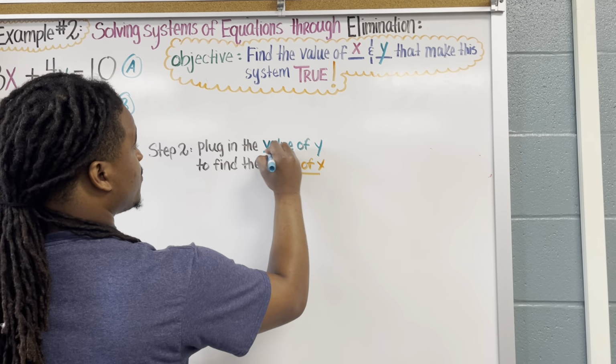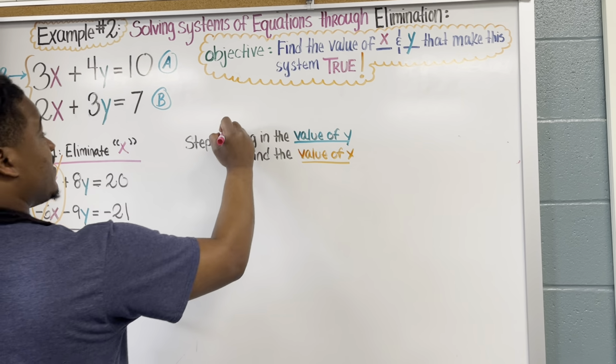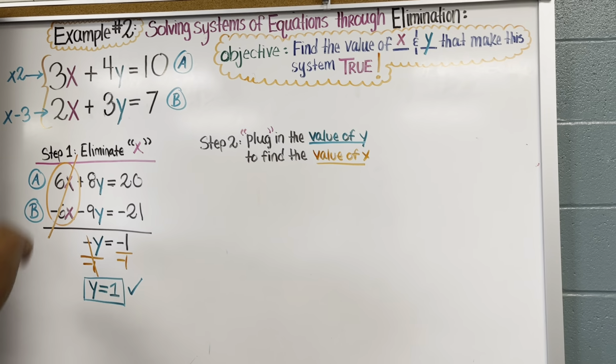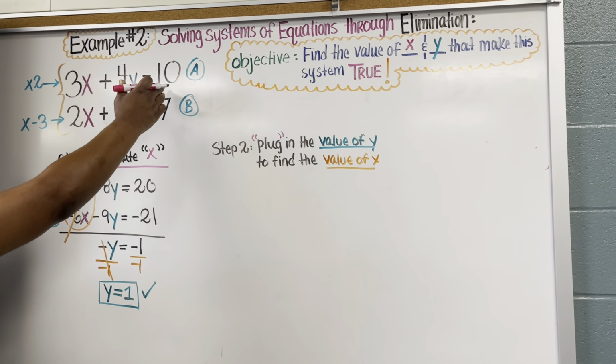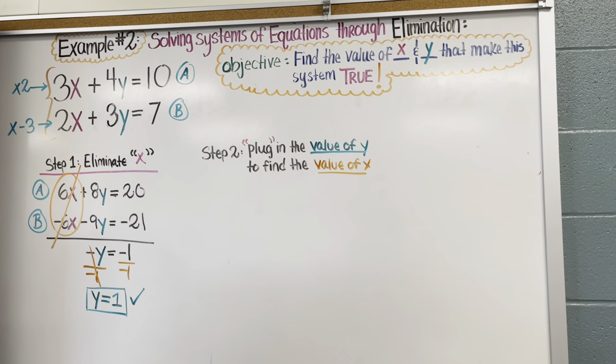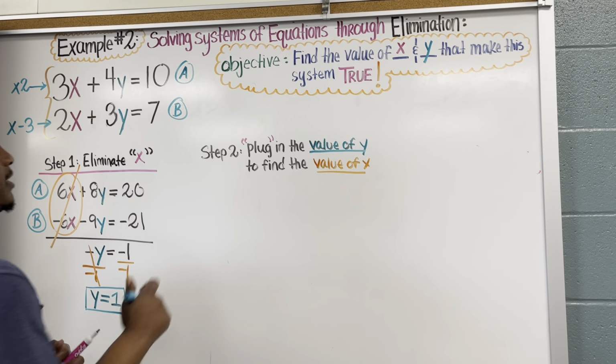Okay, so once again, we want to plug in the value of y, which is 1, right? We're going to plug that in as y in one of these equations. It doesn't matter. You can pick equation A or equation B, and then we should get the value of x, okay? So I'm just going to pick equation A.